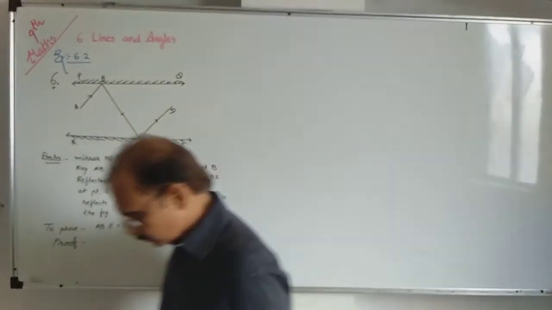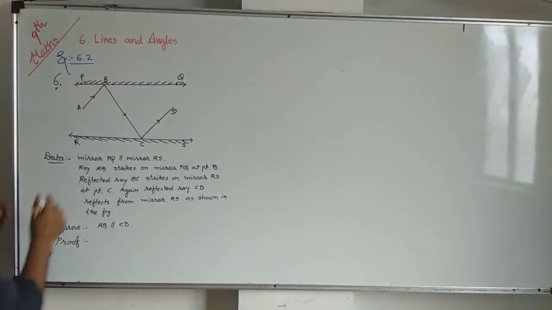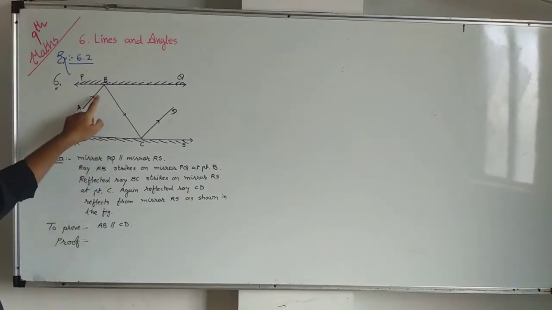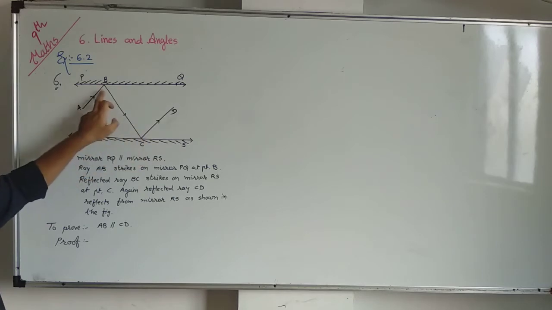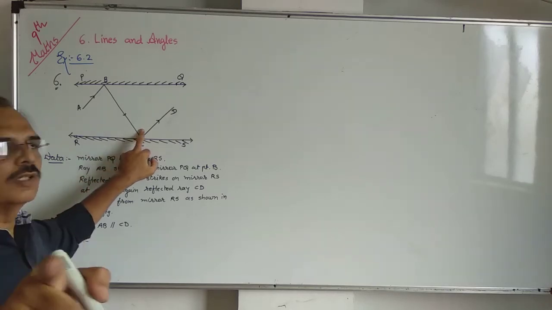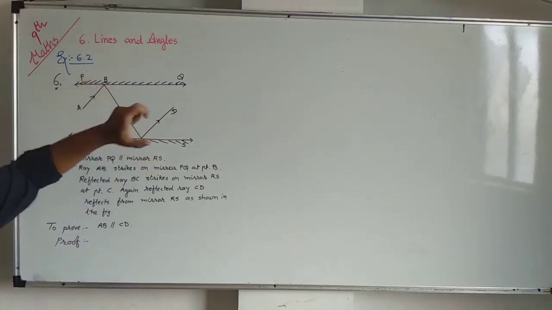We suppose that is a normal. We want to prove AB parallel to CD first. You must prove that angle ABC, this angle, and angle BCD, this angle, are equal. Then they are called alternate interior angles. If alternate interior angles are equal, we can say that AB is parallel to CD.